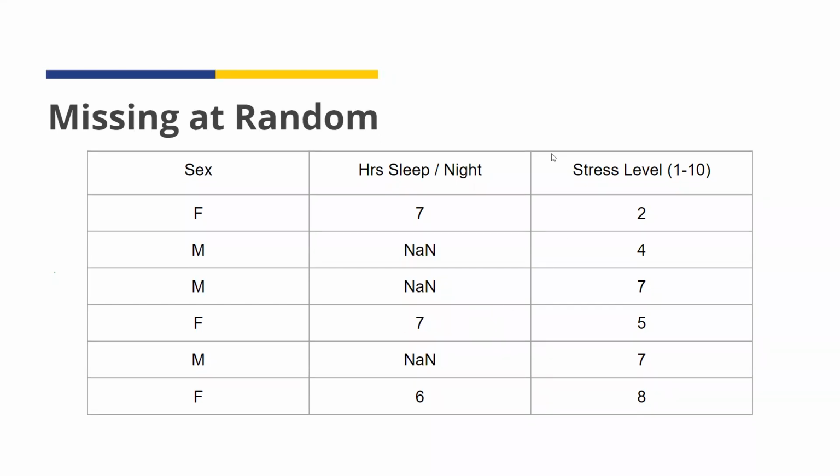Missing at random is a little different, and it's a little confusing, but bear with me. Missing at random refers to missing data points that are not necessarily due to the values that are missing themselves, but rather perhaps a different feature in the data that might be causing it.